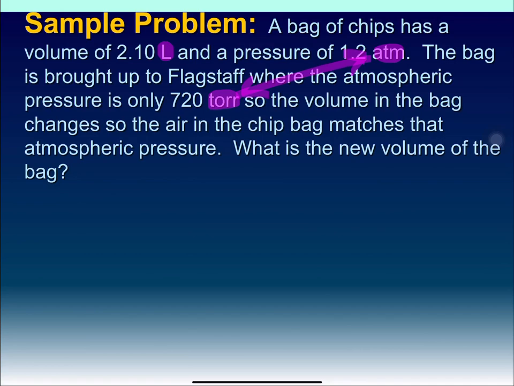It decreases, it gets smaller, right? If it's a smaller volume, then the pressure inside goes up. Or if you go into Flagstaff, where the pressure is smaller, and you need the pressure inside your bag to decrease, but all that air is trapped in there, how are you going to get the air in the bag to decrease in pressure? It expands. It's a bigger volume.